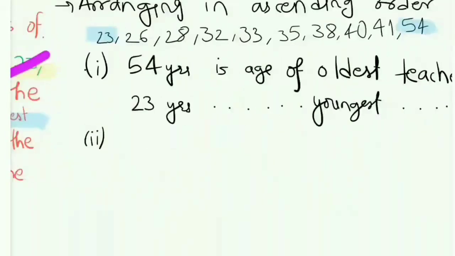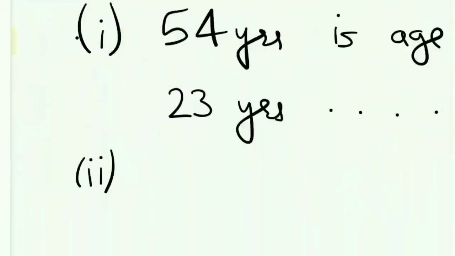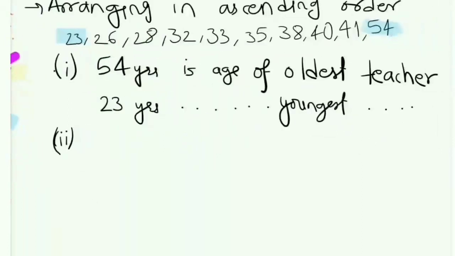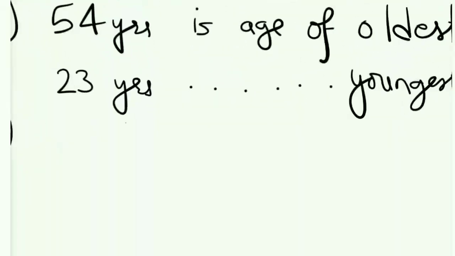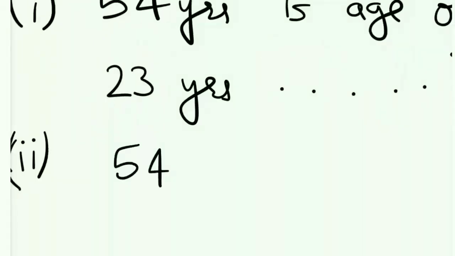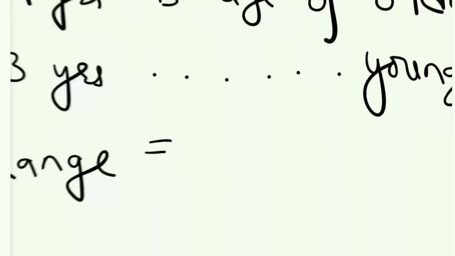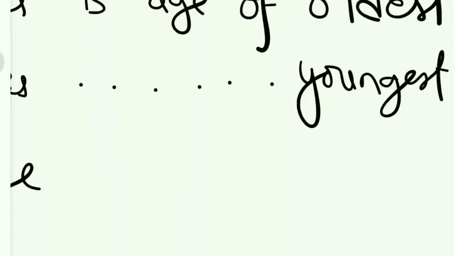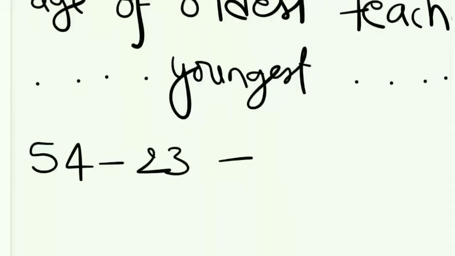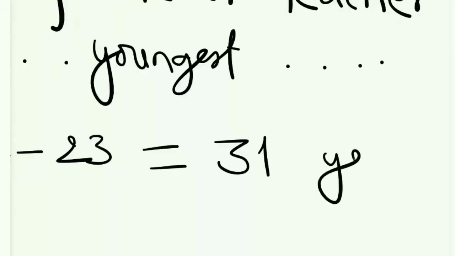Now in the second question, what we have to calculate is the range. So for the range of the data, what we do is this last sample minus this first sample. 54 minus 23. Range is equal to 54 minus 23, which is equal to 31 years.